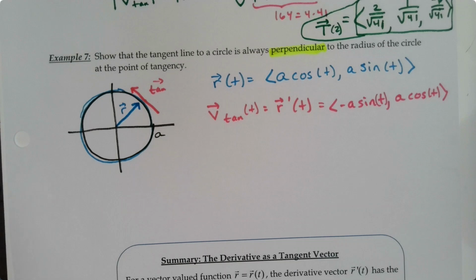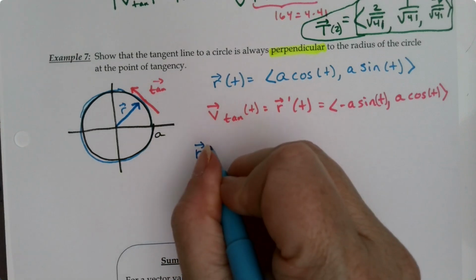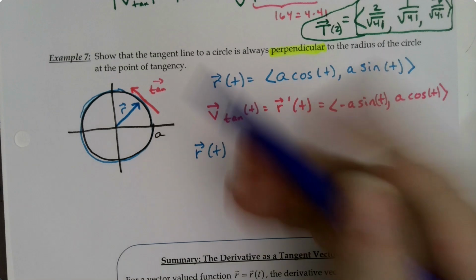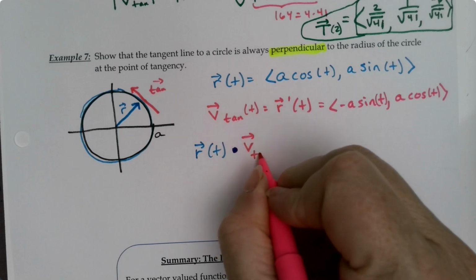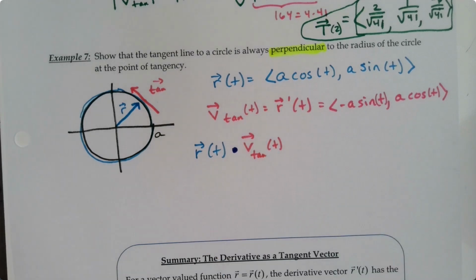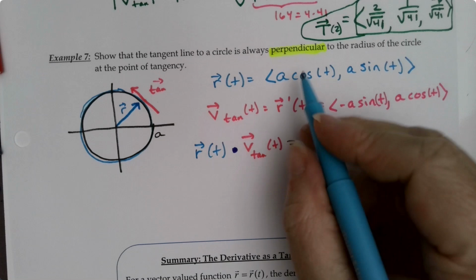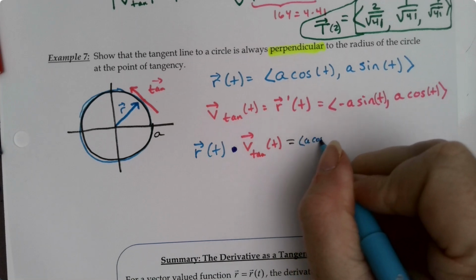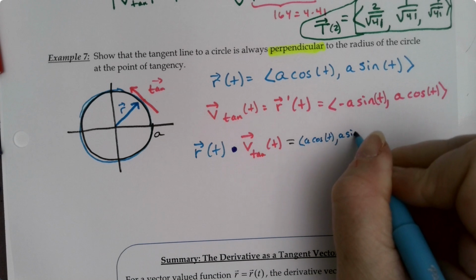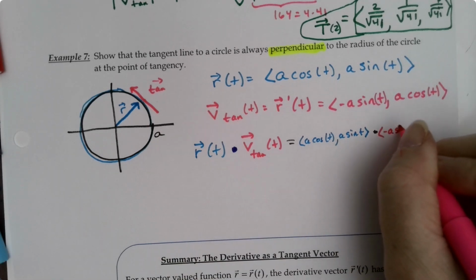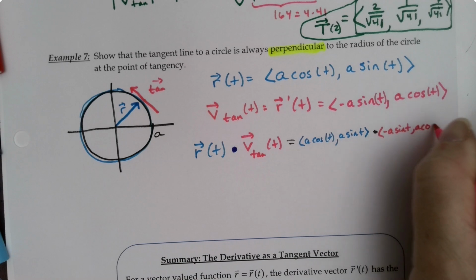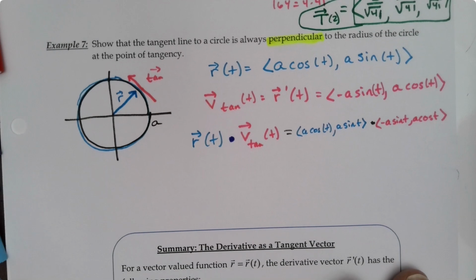So let's find the dot product of r and that direction vector for the tangent. You're going to take the dot product of a cosine t, a sine t with negative a sine t, a cosine t.